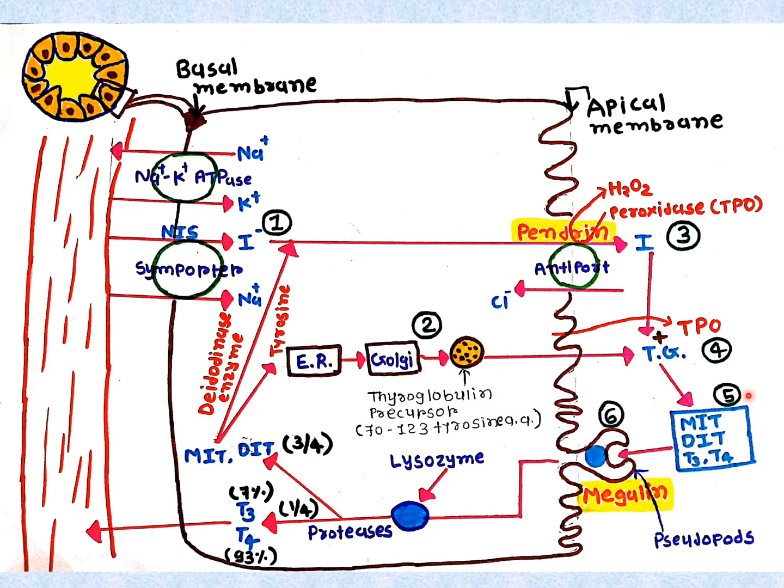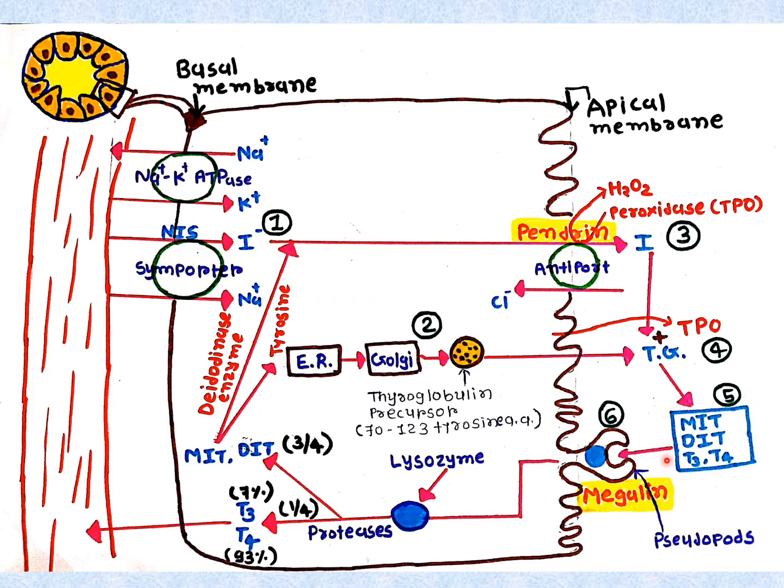When one monoiodotyrosine binds with diiodotyrosine, that is MIT plus DIT, it will make T3, triiodothyronine. 2 DIT combine to form thyroxine or T4, and that is the coupling reaction.